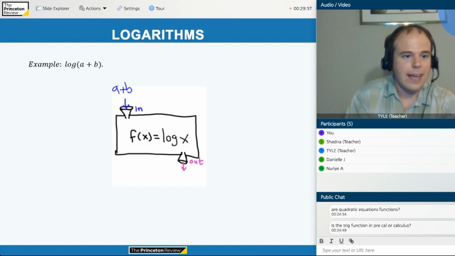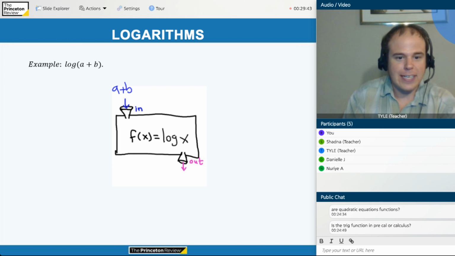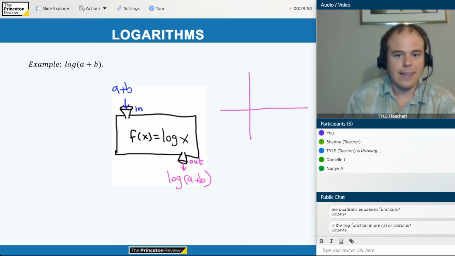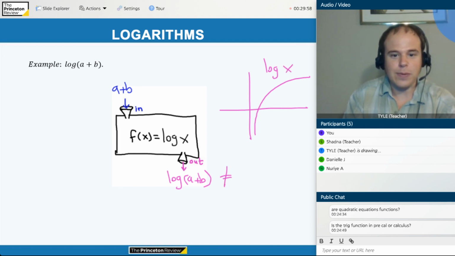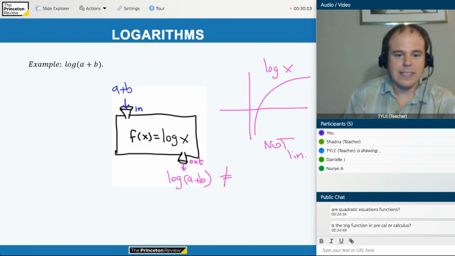Then the output is going to be log of a plus b. And the question is, is the log function linear? Turns out that no, the log function looks something like this. And so as a result, log of a plus b does not equal log of a plus log of b.